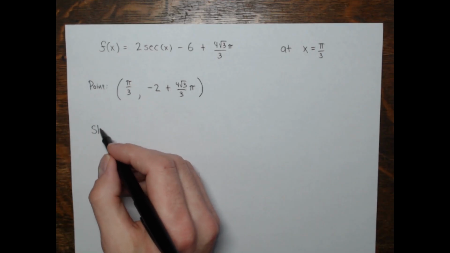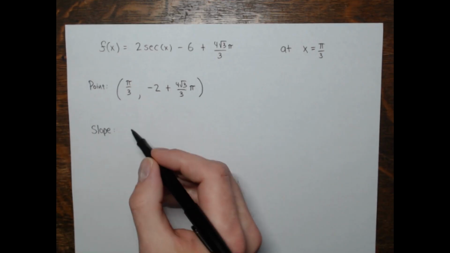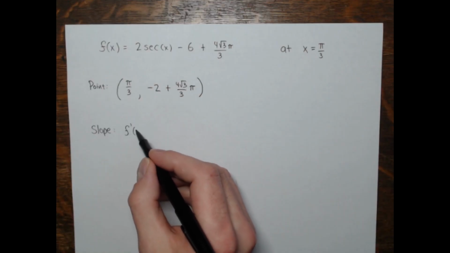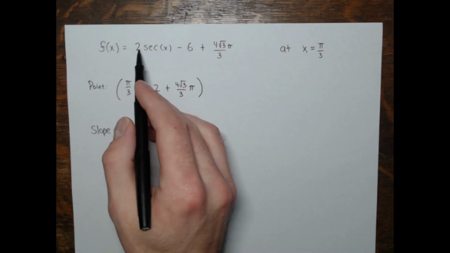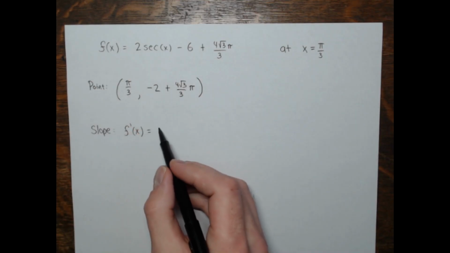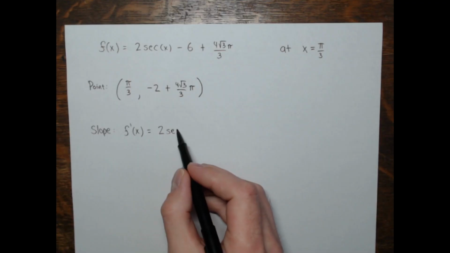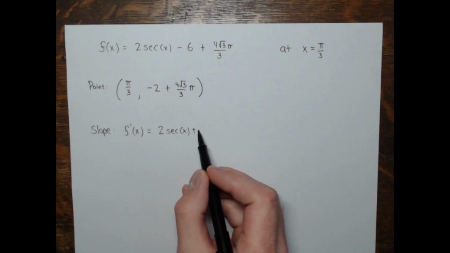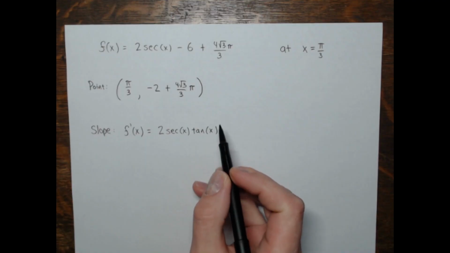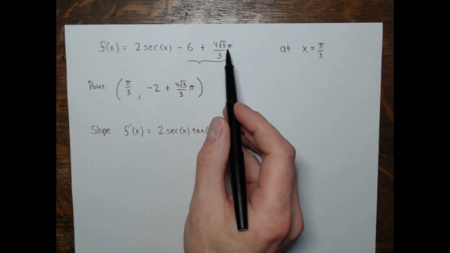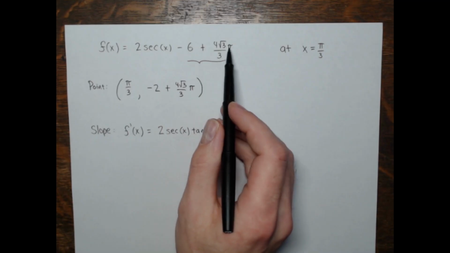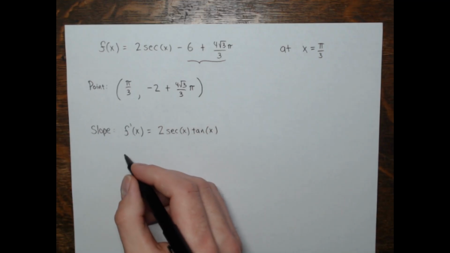And then the slope, f prime. This is going to be 2 times secant tangent, right? The derivative of secant was secant times tangent. And then the rest of this is constant, right? These don't have x in them, so the derivatives of these terms are 0.